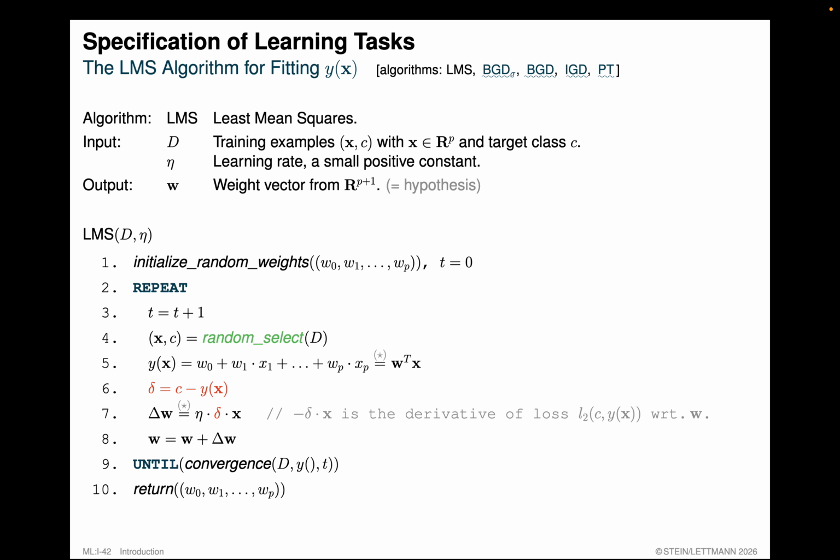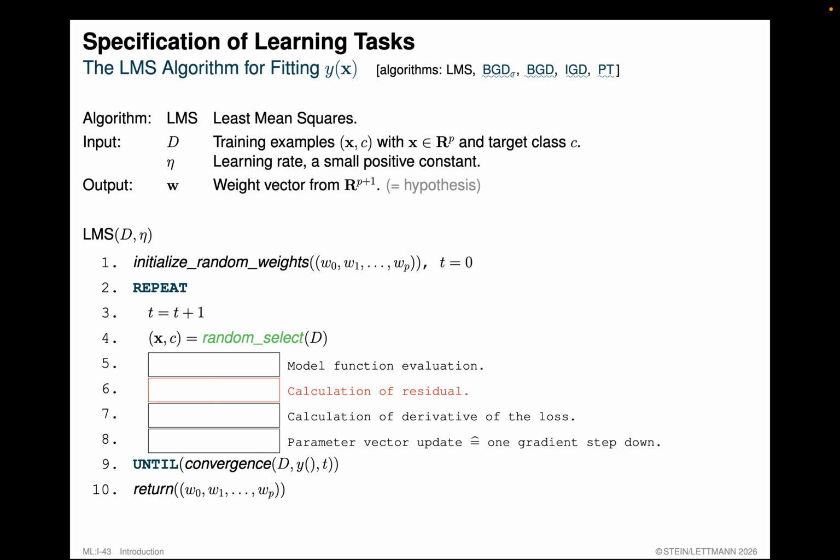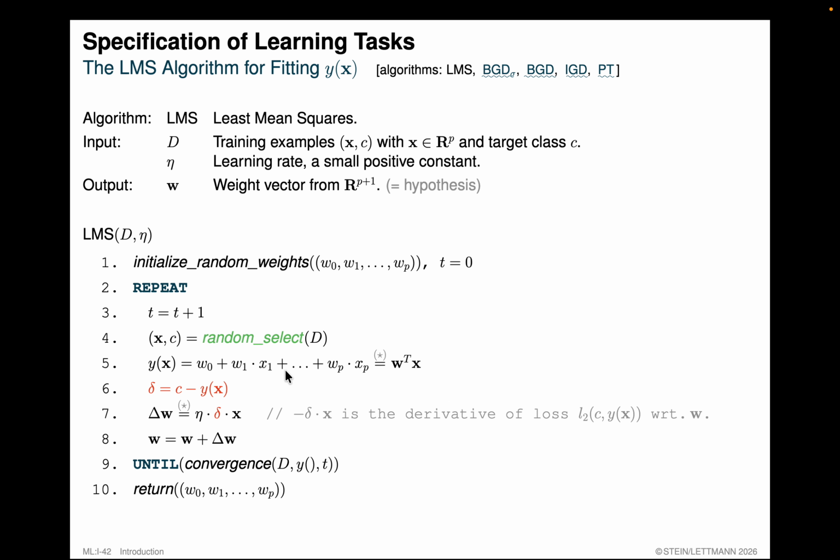Those of you who were there last time see this from the lecture, and you have to relearn this, but it's pretty straightforward. As I said last time, all of the learning algorithms will be of the same structure. They always have these basic steps. We evaluate the model function that is to be learned, like the linear function here.